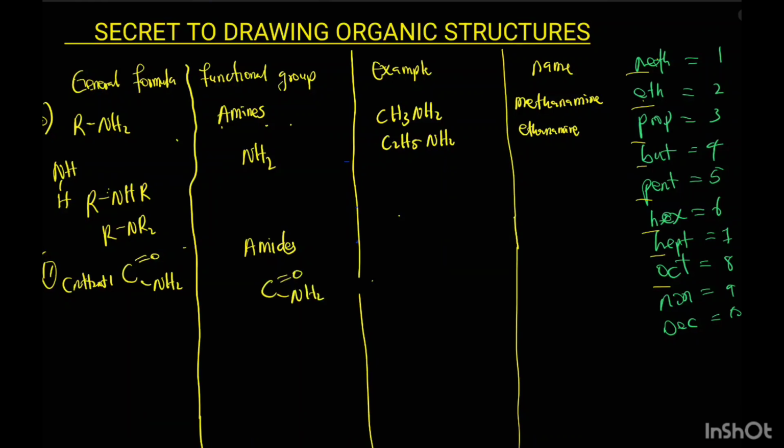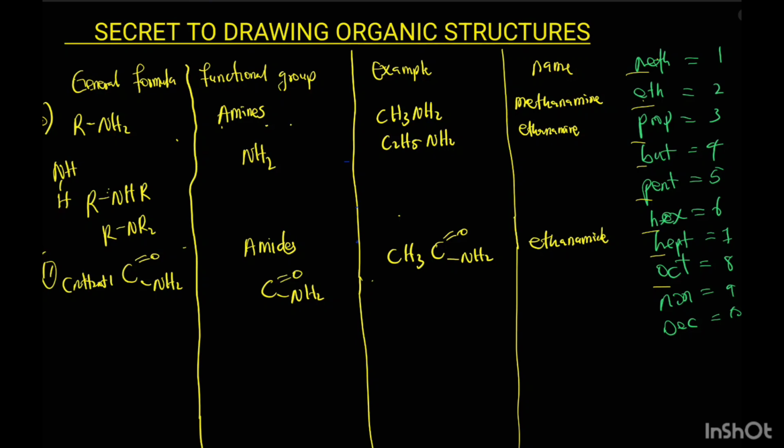So the difference between amines and amides is that for amides, there is an accompanying carbonyl group, which is CO. That is just the difference. So for example, we have CH3CONH2, and this is called ethanamide. Right? It's called ethanamide.